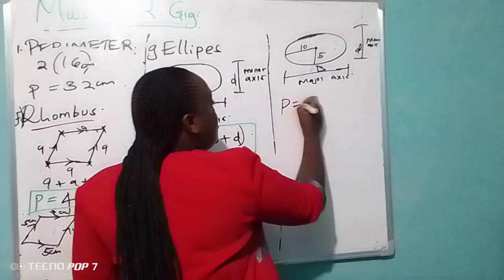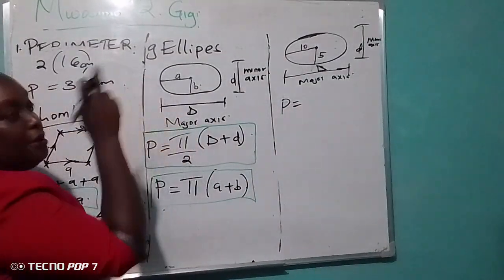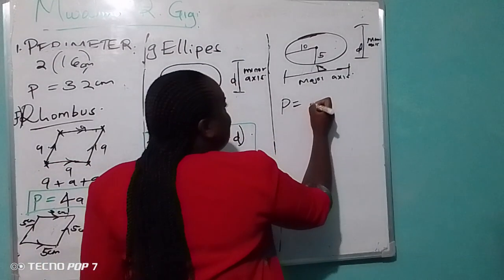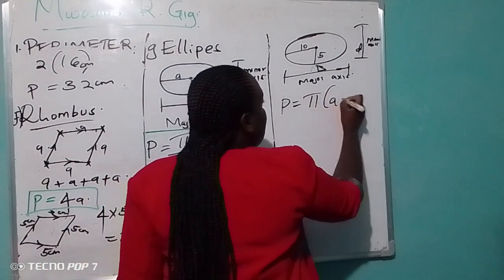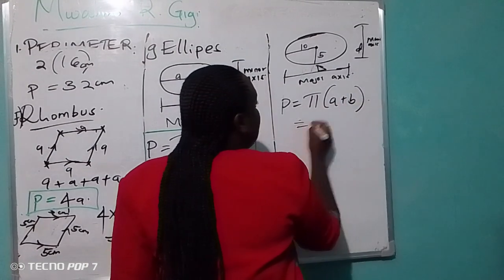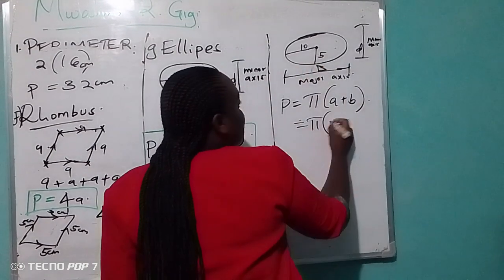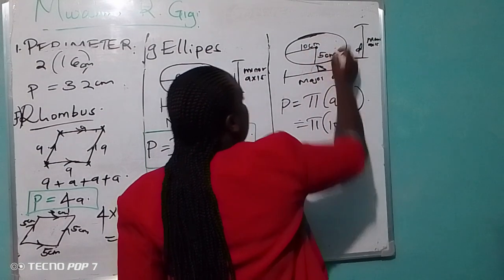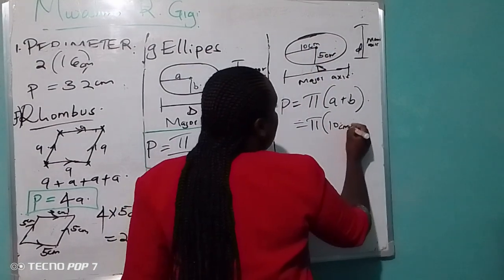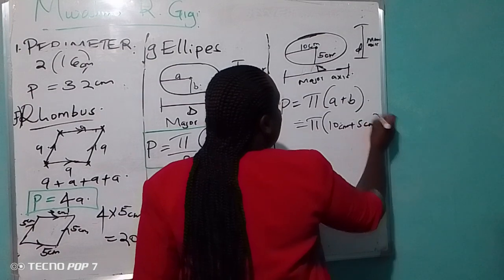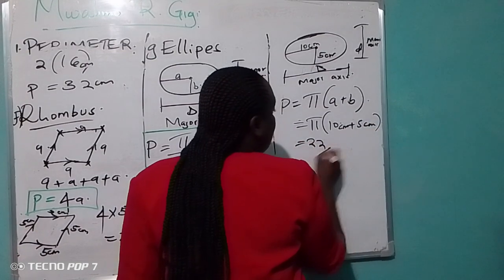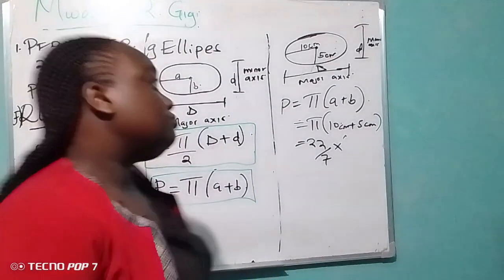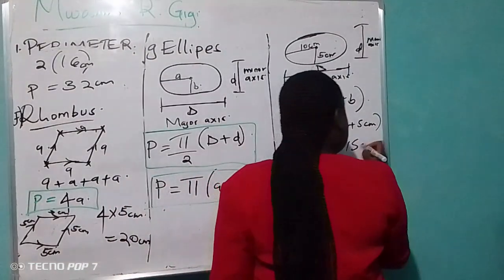So let us quote the formula. Tumesema P is equals to, when we are using the radius, it is pi into brackets A plus B. So it's equals to pi into 10 plus 5, 10 centimeters plus 5 centimeters. So it's 22/7 times what? 10 plus 5 ni 15 centimeters.